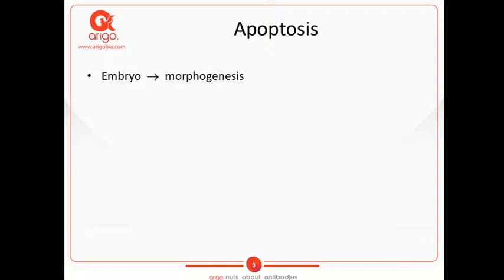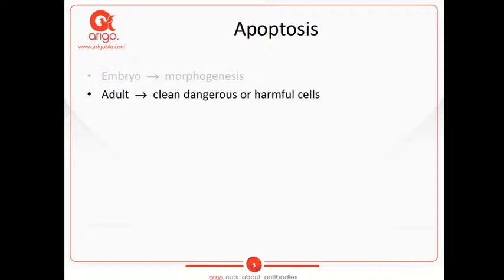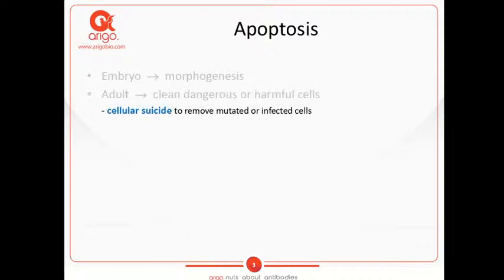Apoptosis is required for morphogenesis in the embryo stage, and in adults, apoptosis is required to clean dangerous or harmful cells. It is a cellular suicide to remove mutated or infected cells.